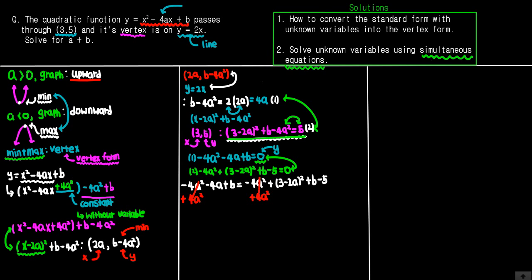Then we have negative 4a plus b, then plus 3 minus 2a squared plus b minus 5. We can expand our formula, which is 3 minus 2a squared. At first, we can write our new function down, which is going to be negative 4a plus b is equal to 3 minus 2a squared.